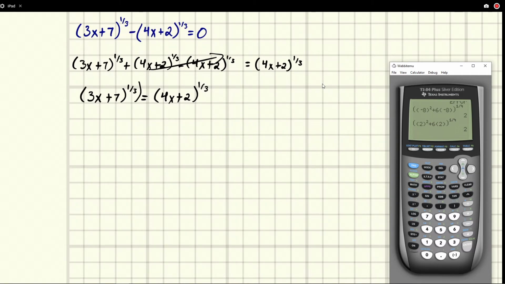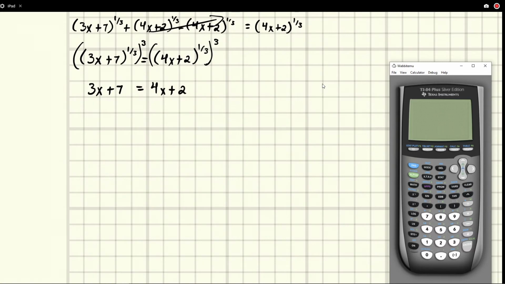So if we raise this to the 3rd, and we raise this to the 3rd, because we have to do it to both sides for it to be equal, what happens is when a power is raised to a power, we end up just multiplying those powers. So we are going to get 3x plus 7 is equal to 4x plus 2. The powers go away because they become 1, and anything to the first power is just whatever it is.